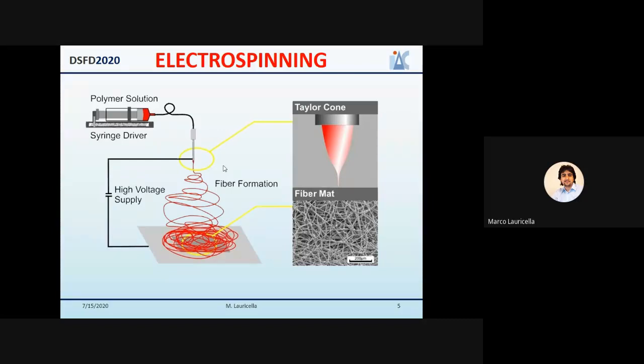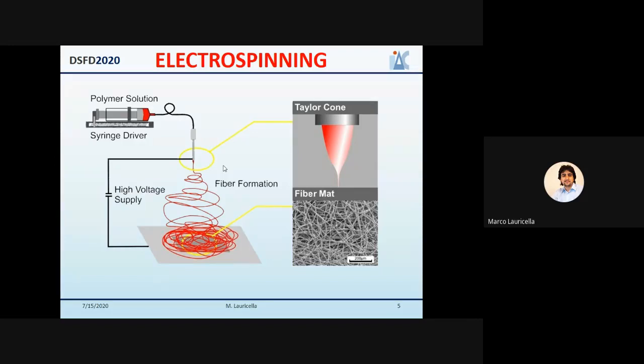In the process, we can recognize two main stages. The first is characterized by the formation of the so-called Taylor cone, where the jets start. Hence, we observe a straight initial path where the filament is strongly stretched by the external electric field.